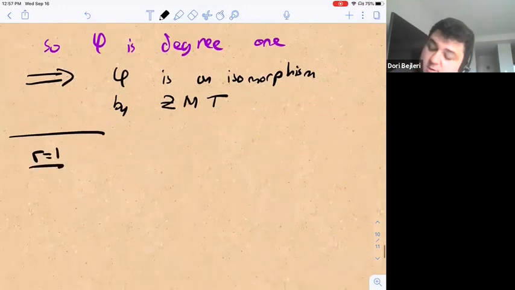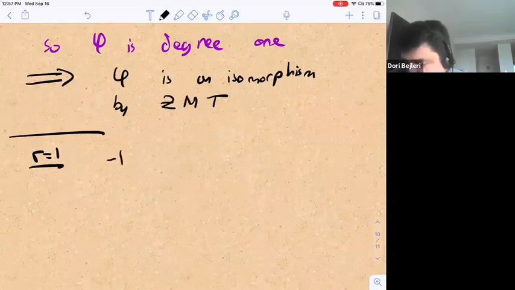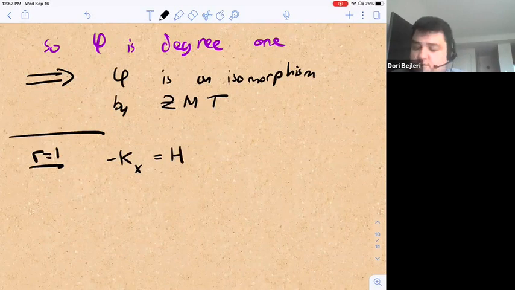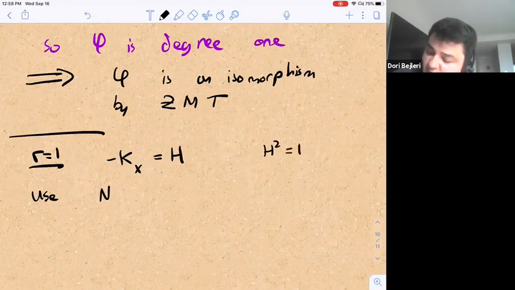So if R equals 1, then we know that minus kx is equal to h. But we still know that h squared is 1. That was a general fact.